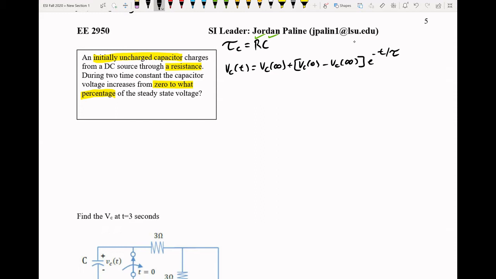So whereas before, in the previous problems, we only had a capacitance or an inductance, we didn't have a resistance element so that we could find a time constant. If we can't find the time constant, we can't use this charging equation.